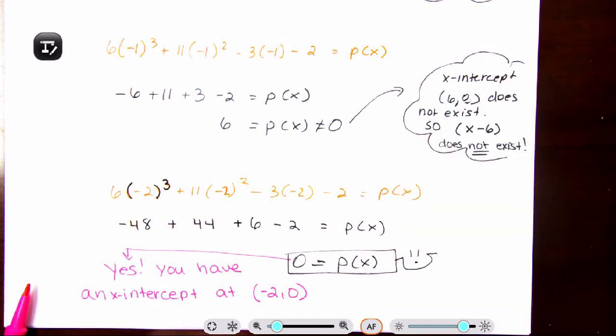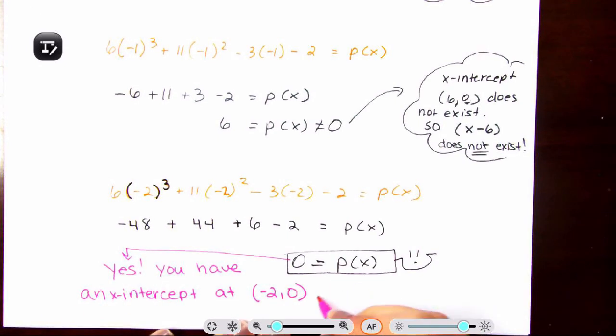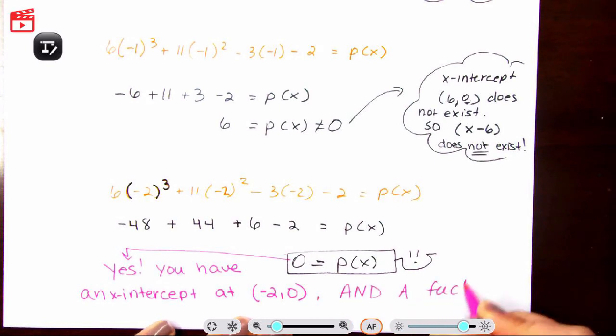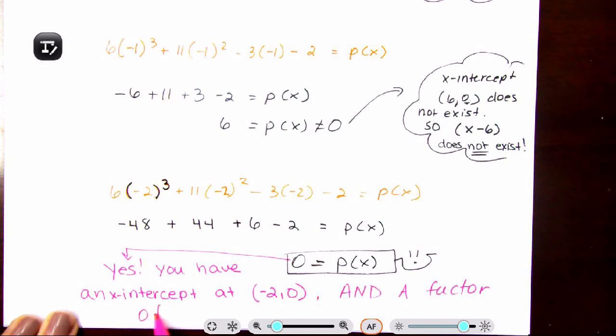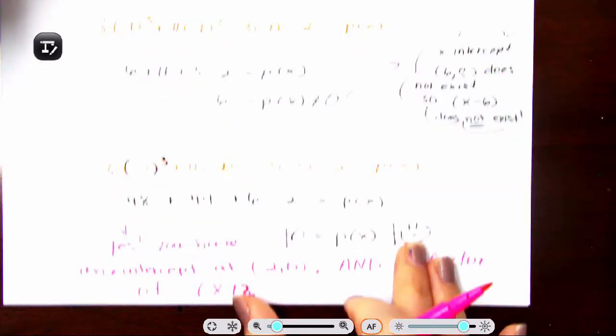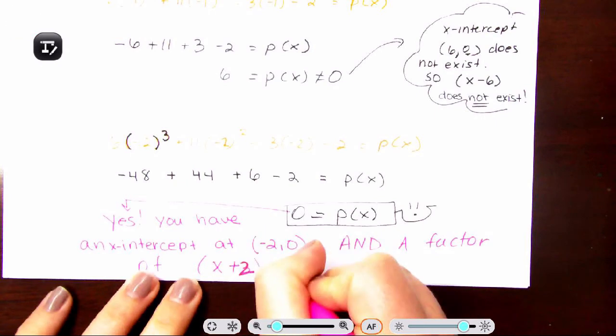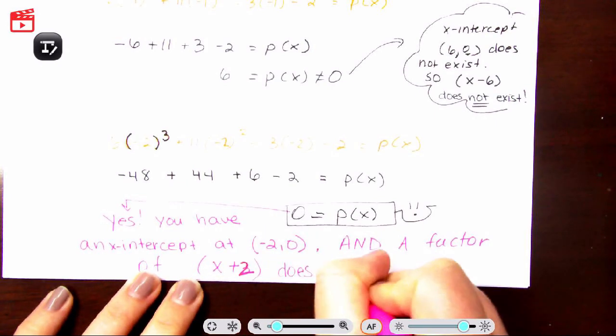Hopefully you caught that. So we do have an x-intercept at negative 2, 0, and a factor of x plus 2. Again, do the opposite bubble. That's a 2, not a 3. Does exist.